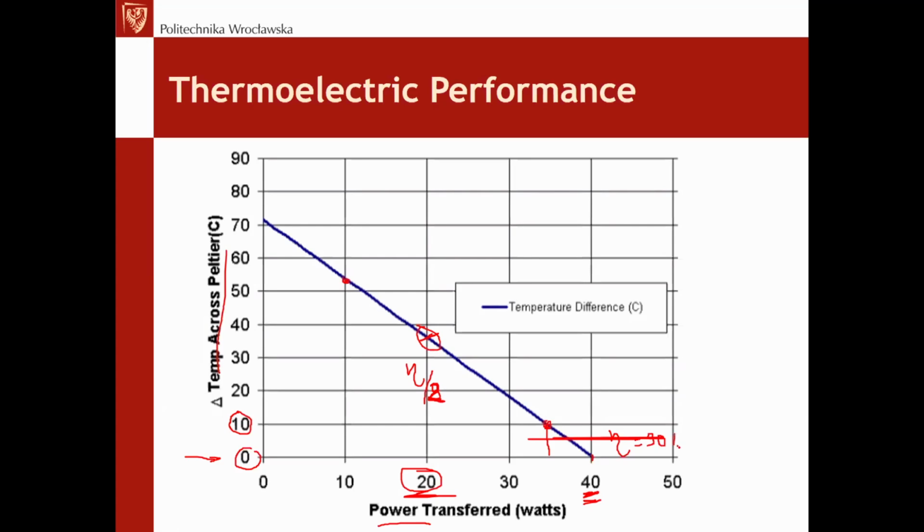It's possible at zero temperature difference, but that would mean that we were dissipating about 4 watts in the Peltier itself. Here on the other side, which isn't negligible, by the way, but let's neglect it at this moment, because at this point, the amount of power dissipated in the Peltier element itself jumps from 4 watts to 24 watts.